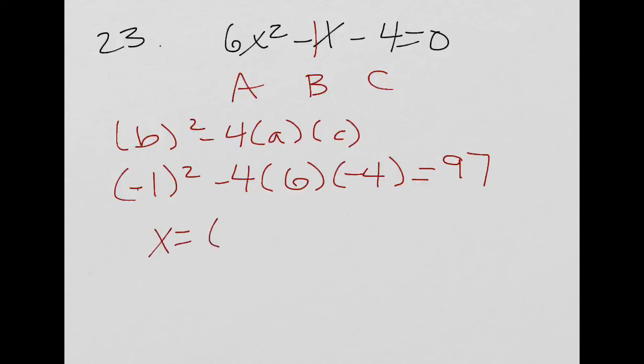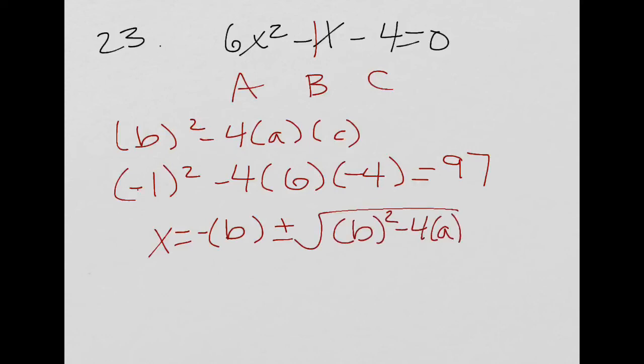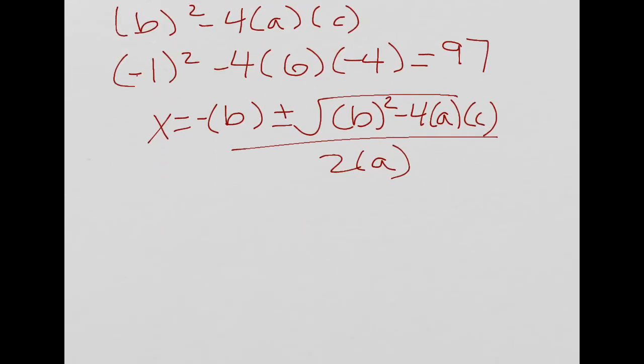So I'll do the whole quadratic formula, which again, it's on the board. All you have to do is write it down. So we get negative b, which is negative 1, plus or minus the square root.